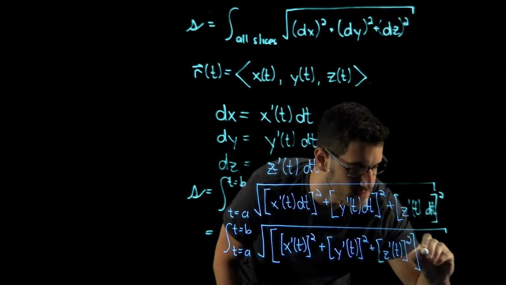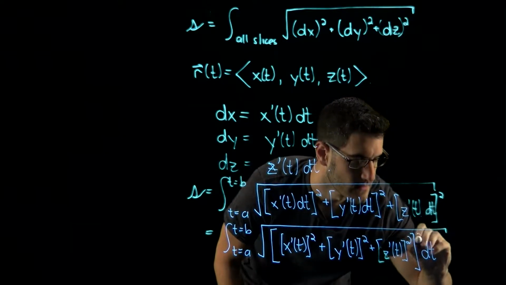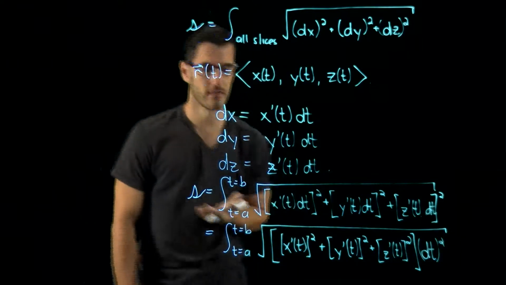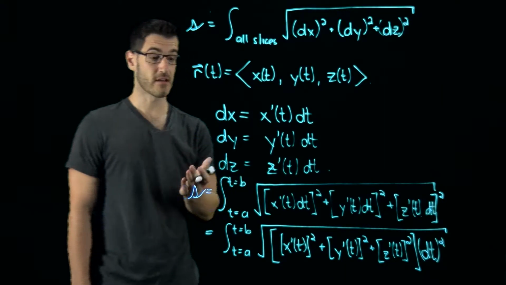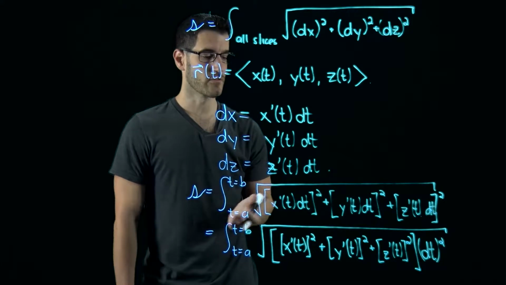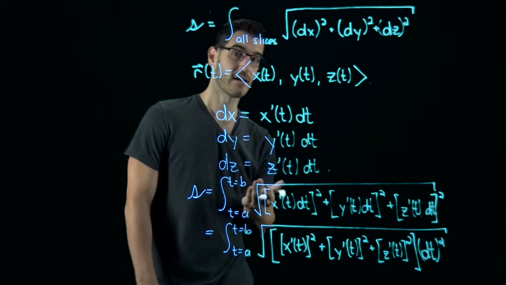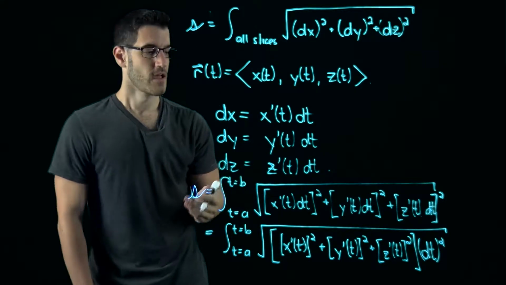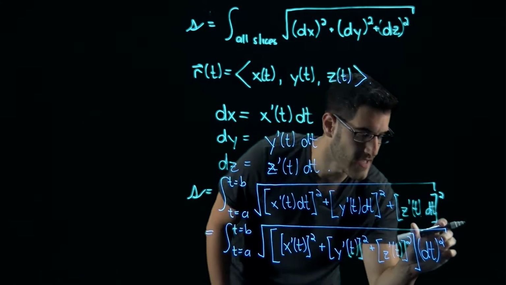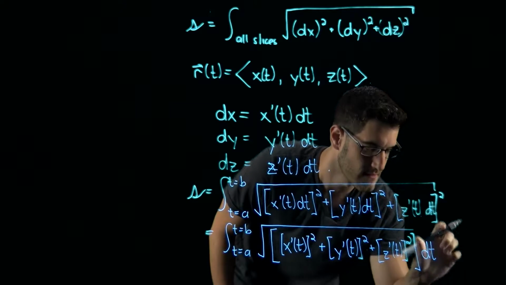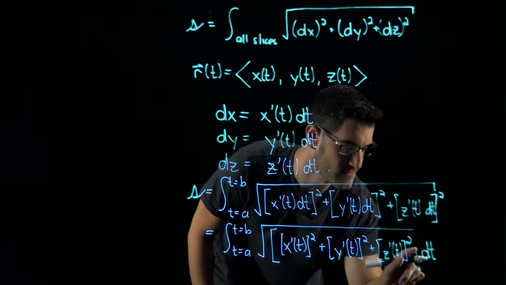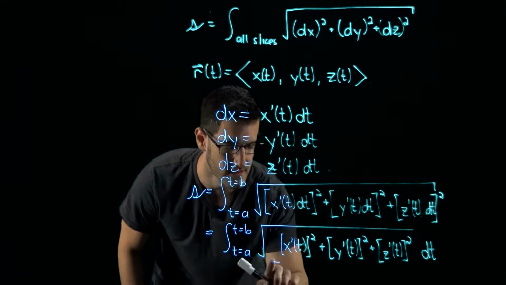And all of this will be times this dt squared. But we know that if we have this product underneath the square root, we can look at the square root of a product as the product of the square roots. And so what I can do is I can take this and write it much more simply by just using that rule.